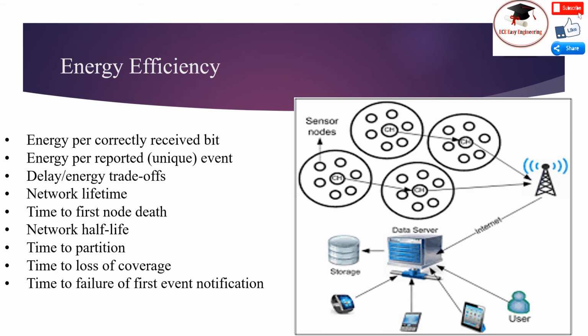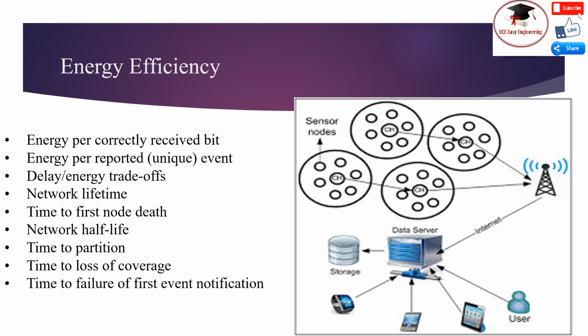Network lifetime is the time for which the network is operational. Time to first node death is when the first node in the network runs out of energy or fails and stops operating. Network half-lifetime is when 50% of nodes run out of energy and stop operating.